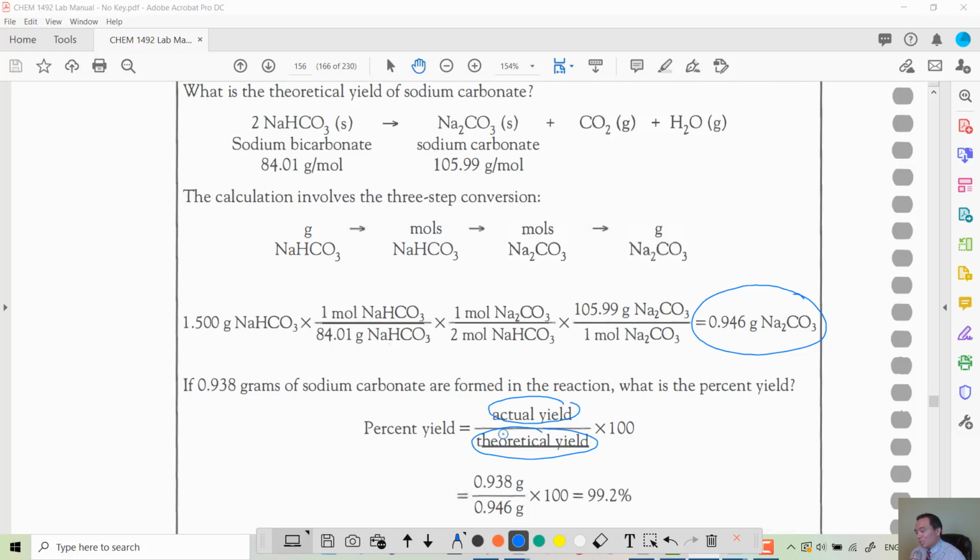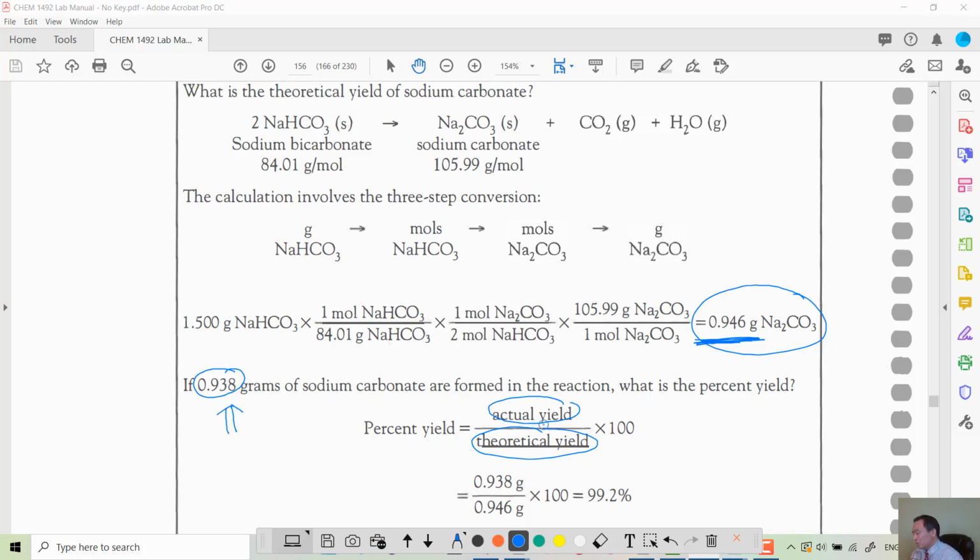For example, if we have not collected the maximum amount, which is 0.946 grams of sodium bicarbonate, rather we collected a small amount, say 0.938 grams of sodium bicarbonate. So what is the percent yield? The amount that is collected is the so-called actual yield.